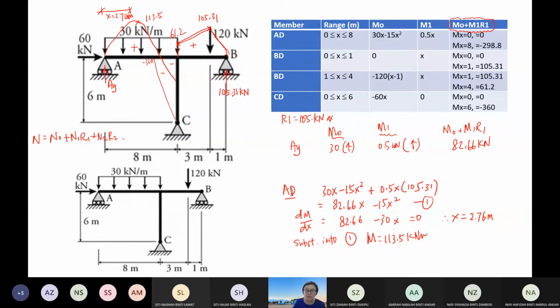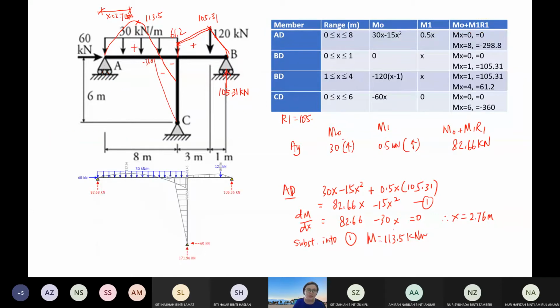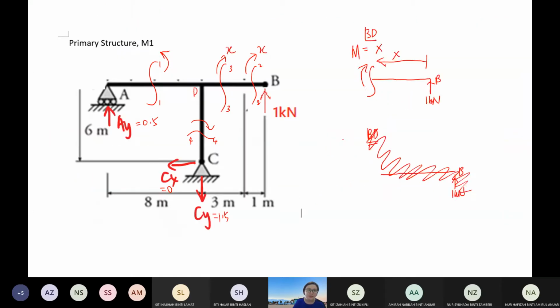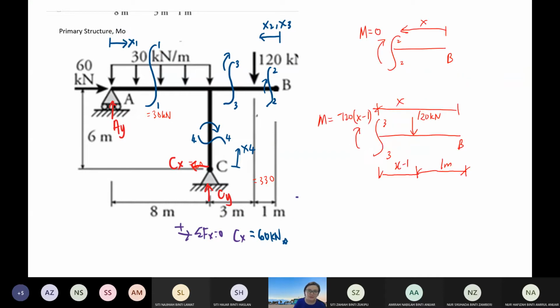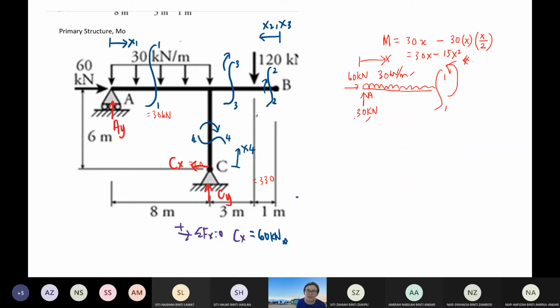Let's go to the primary structure M0 to see. This is M0. You have determined that AY is 30 kilonewton upward.